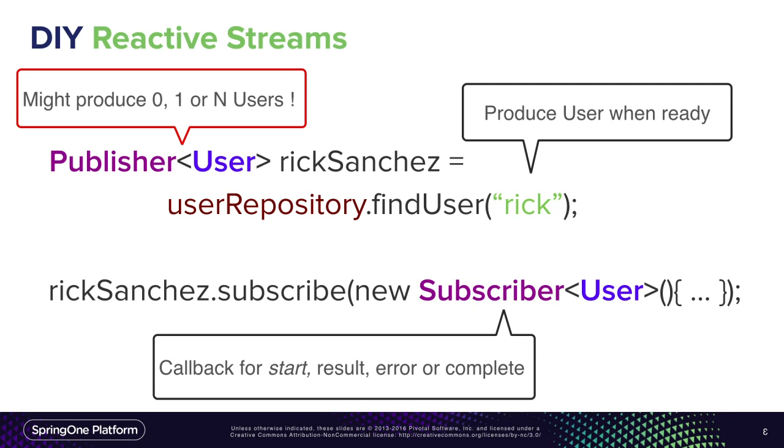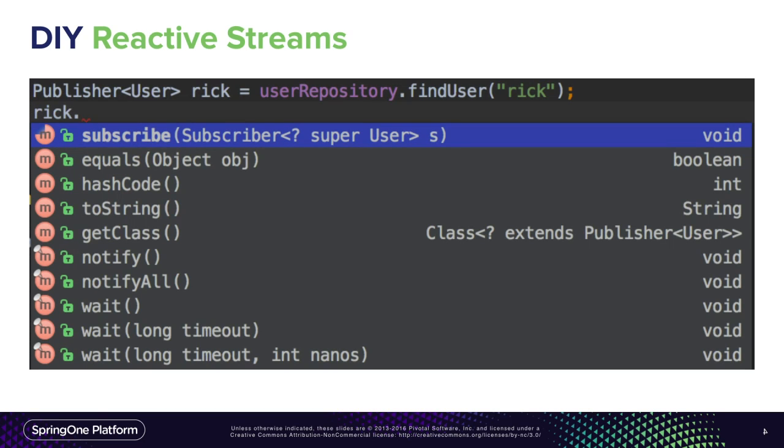So why do we have Reactor on top of Reactive Streams? If you start auto-completing, you will maybe quickly see why. The only thing you can do with a Publisher is basically subscribe. That's the only method you have on Publisher.